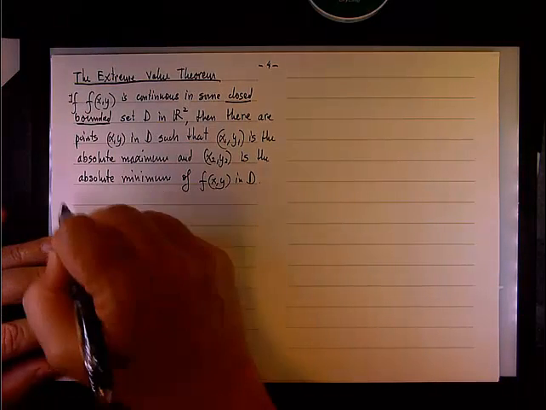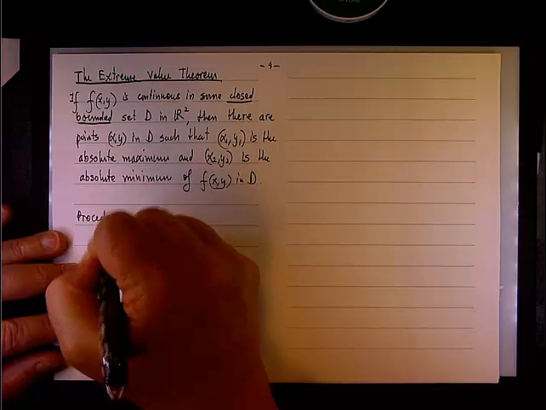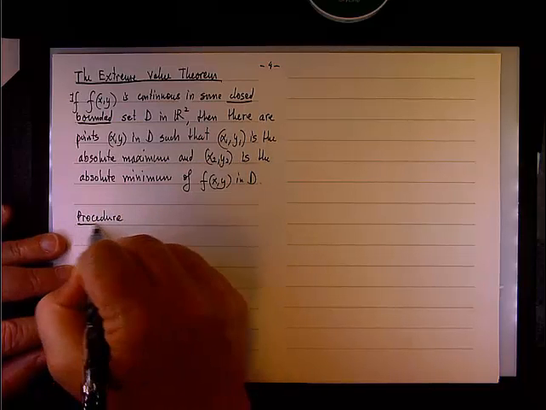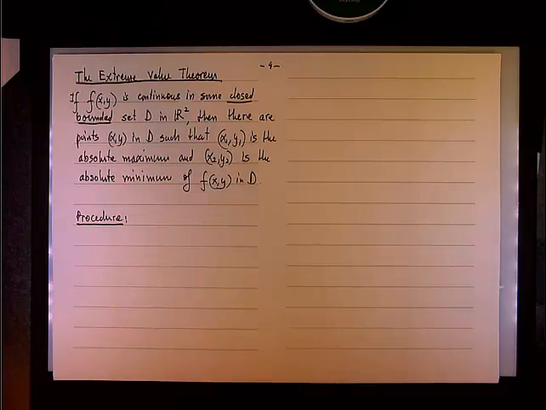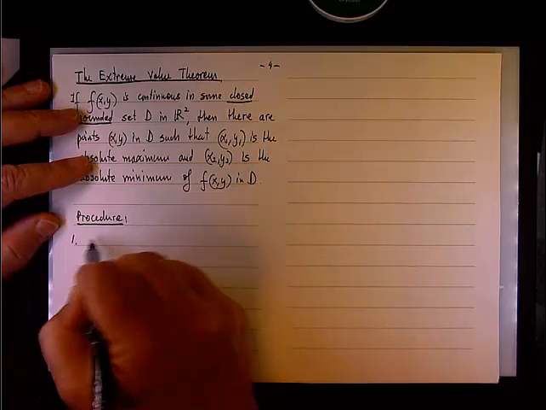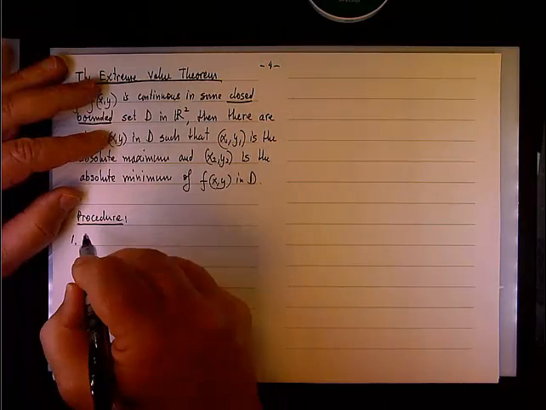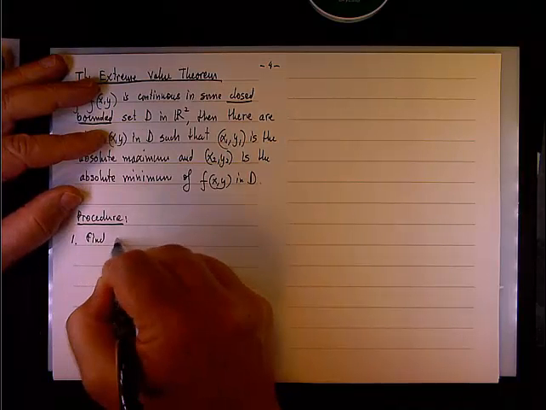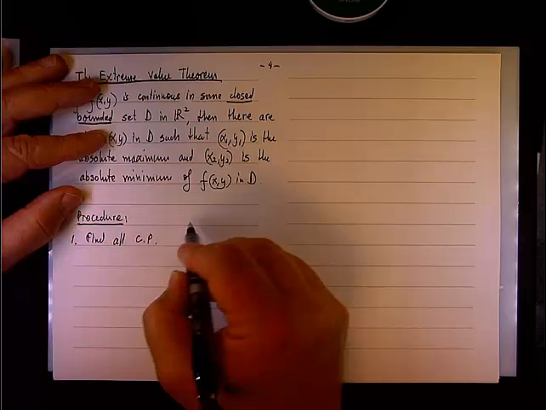All right, let's translate that to some workable example. Actually, before that, let me give you the procedure, similar to the procedure that we had in Calc 1. If you remember in Calc 1, first we need to find the critical points, then we evaluate the function value for the critical points and the endpoints, and then we compare, and the highest value is the maximum, the lowest value is the absolute minimum.